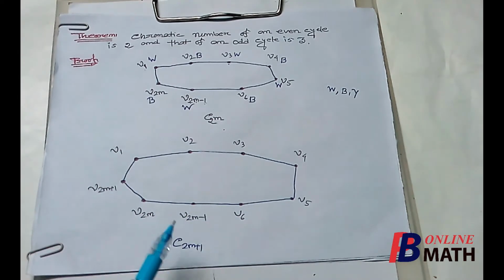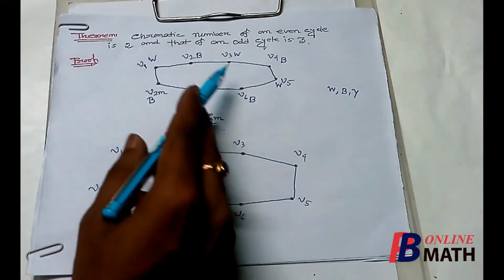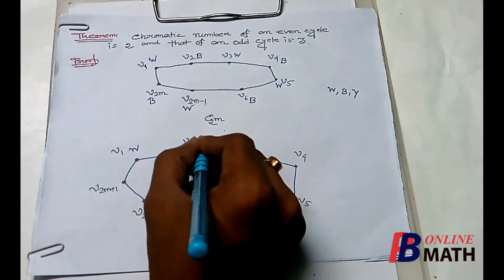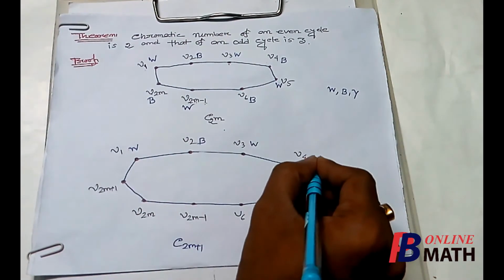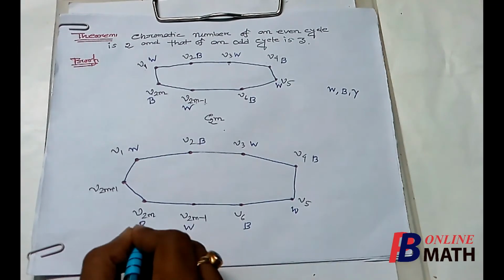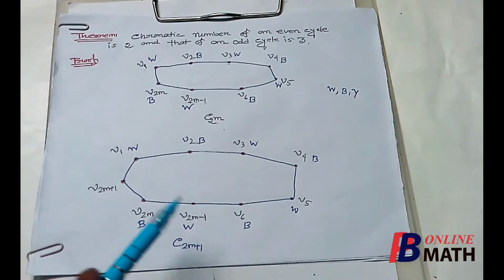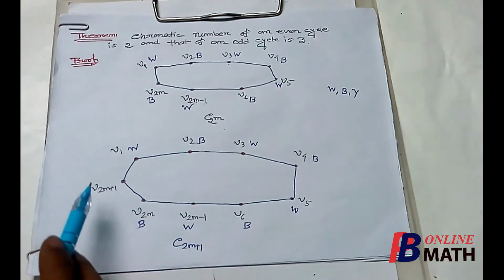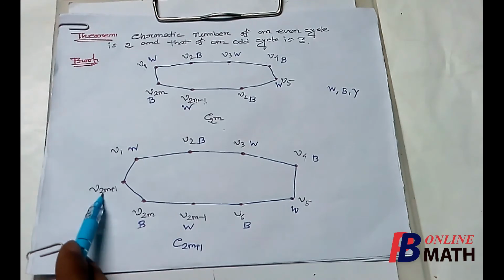Now by applying the same logic we used for the even cycle, we can color the vertex v1 by white color, this by blue color. It is white, blue, white, blue, white, blue. So we have colored the vertices alternately by white and blue colors. Now we consider the final vertex v2m+1.